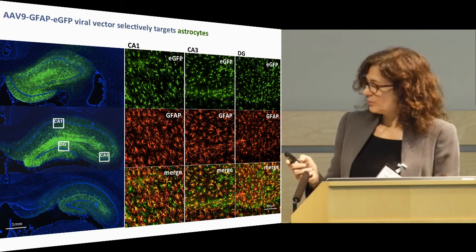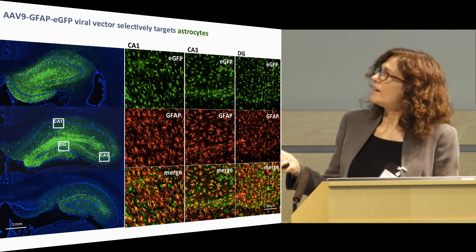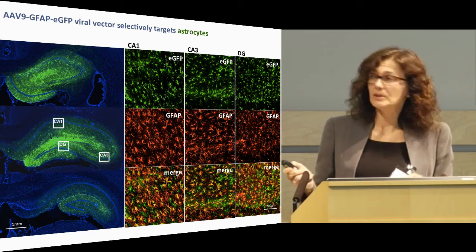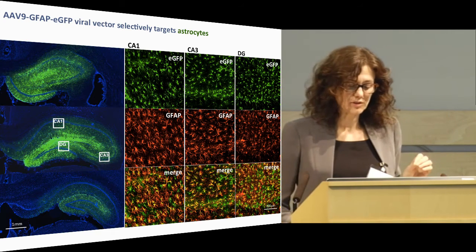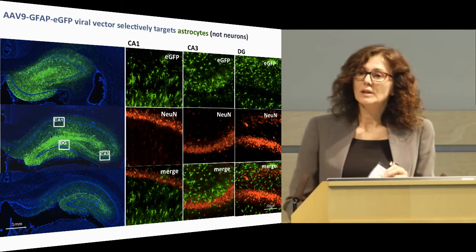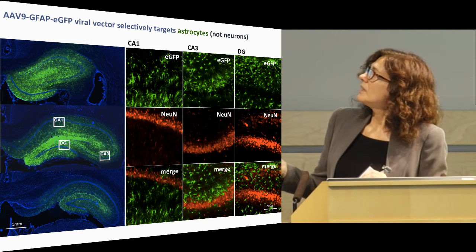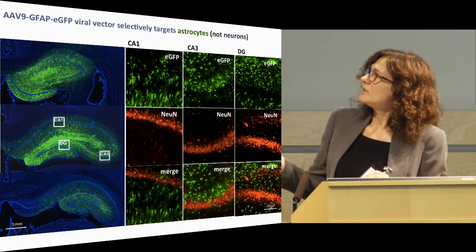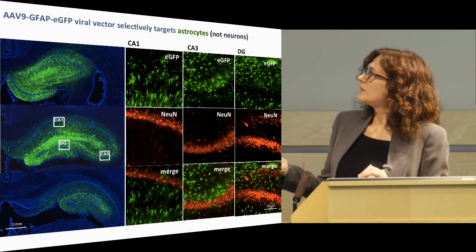So this is an example of the virus that she used. This uses the GFAP promoter, so it's an astrocytic promoter. And in fact, what she sees is that the expression of this virus is selectively in astrocytes and not in neurons. You see, with the immunostaining, the green is GFP, which is the virus expression. The red in this case is NeuN, a marker of neurons.